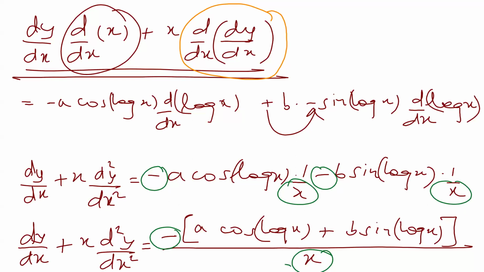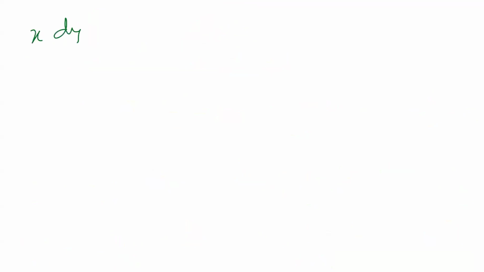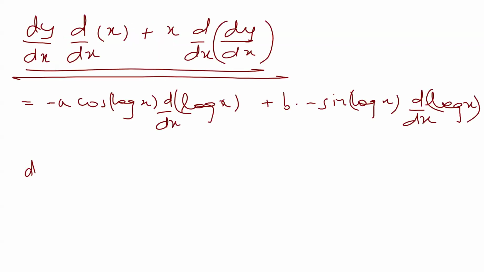Now once again this x I will cross multiply on the left hand side, so x will get multiplied to both the terms: x dy by dx plus x square d square y by dx square.